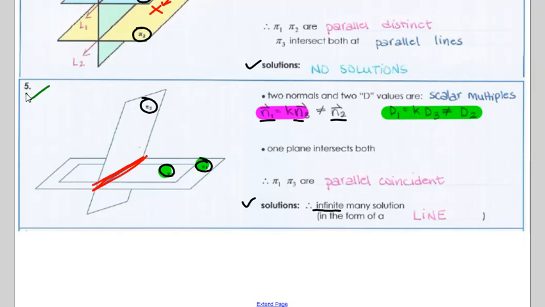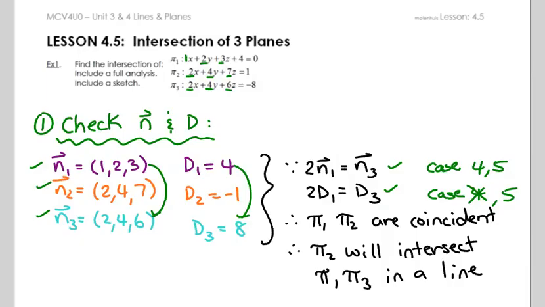So as you can see, I have 2 scalar multiple normals and the same 2 d values that are scalar multiples of each other as well. So we're looking for a line as our final answer. Okay, going back to my question now.